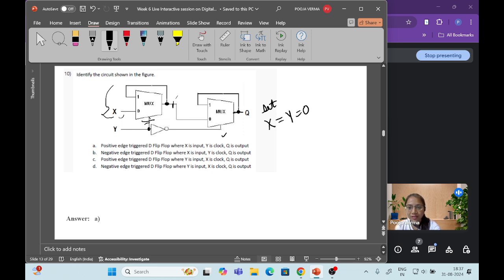Now Y is 0. Then what will be the output of this mux? X is 0, so it is 0. It is a 2 into 1 mux, right? When the selection line is 0, then it passes the 0 input to the output. If it is 1, then the 1 input is passed to the output, right?